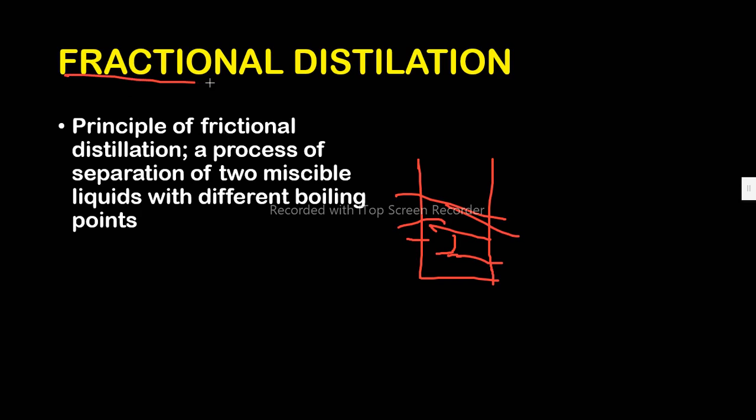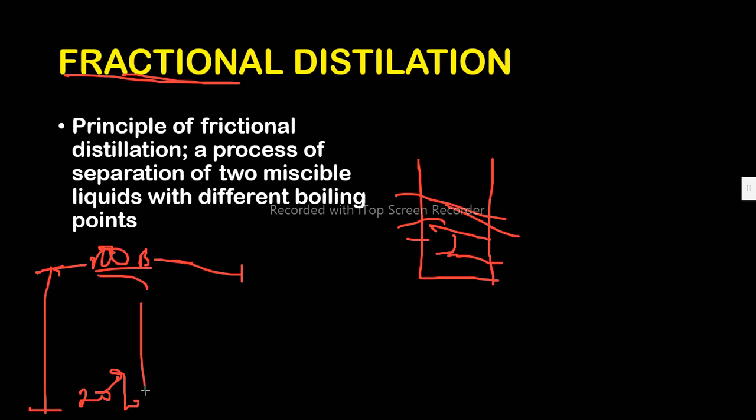Now, it is fractional if the boiling points are close. There is no big difference between the boiling points, and because of that, we shall use fractional distillation. But if the margin is big, maybe one boils at 20 degrees Celsius and another one boils at 100 degrees Celsius, then this difference is really big, so we can just use simple distillation.